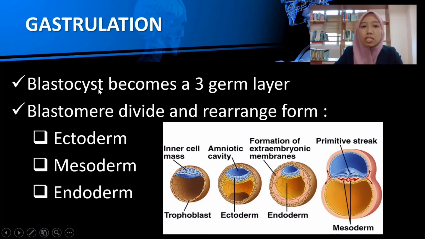Gastrulation is when the blastocyst becomes 3 germ layers. The blastomere cells will divide and rearrange to form ectoderm, mesoderm, and also the endoderm.